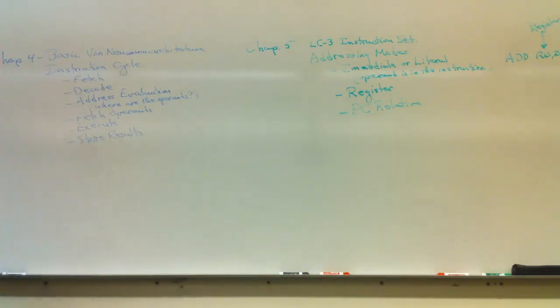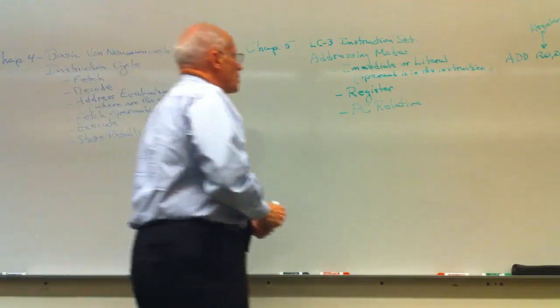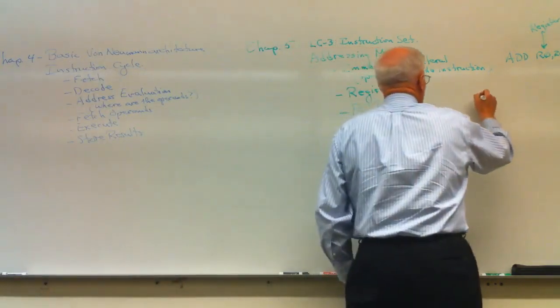The next most common one is PC relative, and is where you give an address relative to the current contents of the program counter.